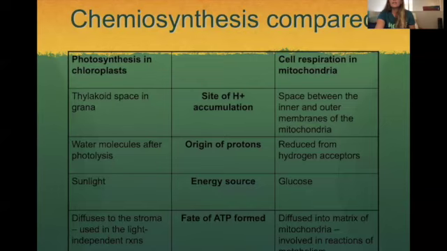In cellular respiration, it's from reduced hydrogen acceptors. In chemiosynthesis and photosynthesis, sunlight is the energy source, whereas in respiration, it's glucose. And in photosynthesis, the ATP diffuses into the stroma and is utilized to make sugar, whereas in cellular respiration, it's used for metabolic and other reactions like your muscles twitching.